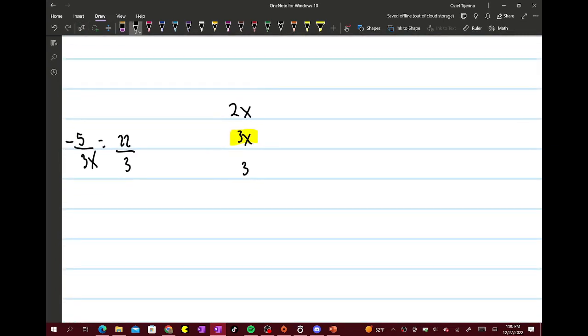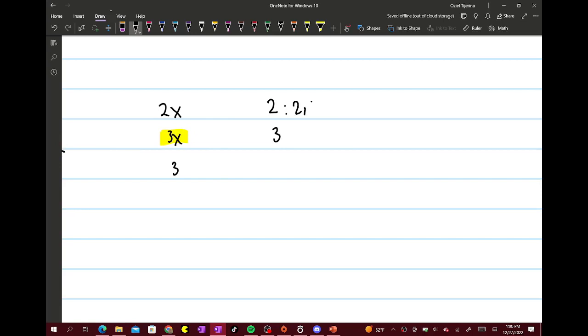Looking at 2 and 3 itself, my multiples of 2 are 2, 4, 6, 8, and so on, and for 3 it's 3, 6, 9, and so on. Looking at the least common denominator, we can say they have a common term of 6.